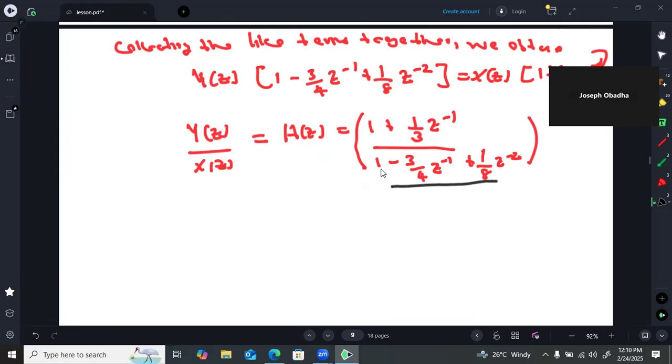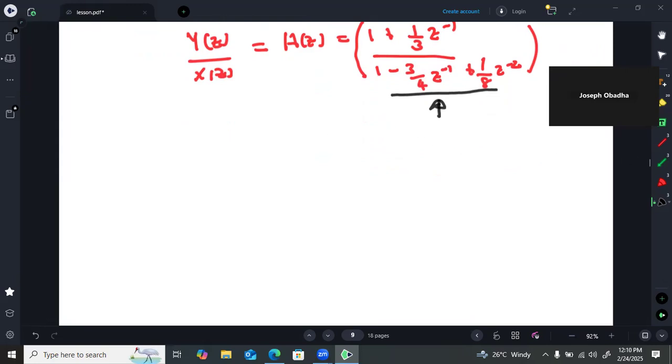So we'll start by factorizing the denominator that we have here. Let's bring it and write it down here: 1 minus 3/4 z^-1 plus 1/8 z^-2. The usual way of factorization is to get two numbers which, if you add them, you get this, and if you multiply them, you get the product of this.